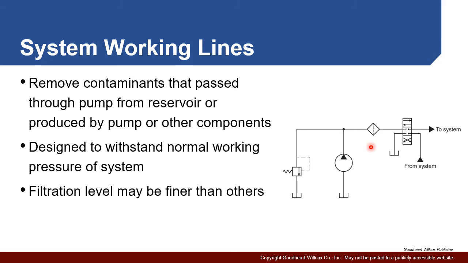So this is a better location than our suction line in some cases, but it's not necessarily the best. Now, what it does do, however, particularly if you have a very high precision system and you want to make sure that no contaminations get into it, is make this a great location for putting your filter, because it prevents any of those contaminations from getting any further down.